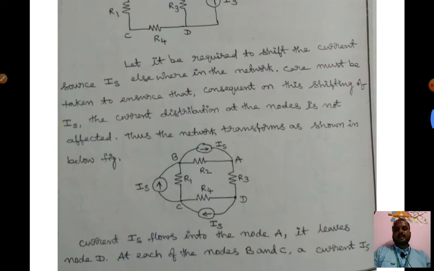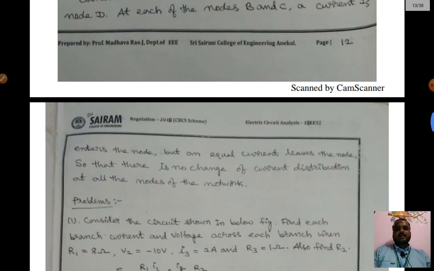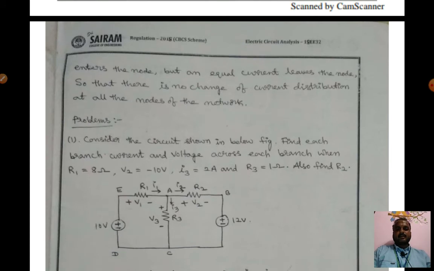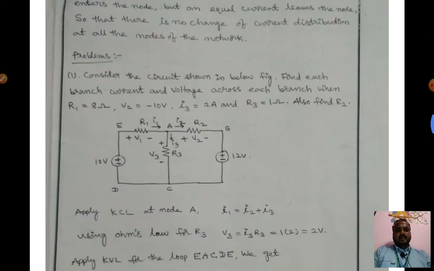Like this we are shifting the current sources without affecting the circuit currents, right? Here you can also see there is no change of current distribution at any of the nodes of the network. So we have to take care of that.